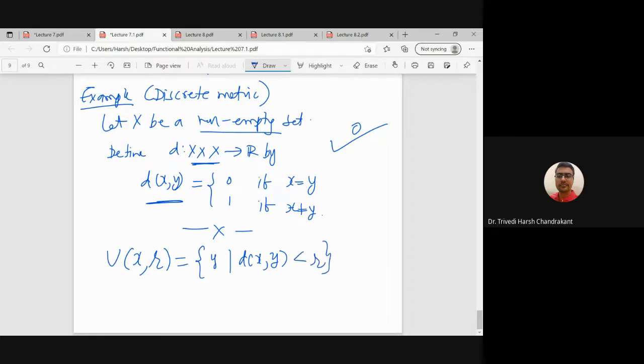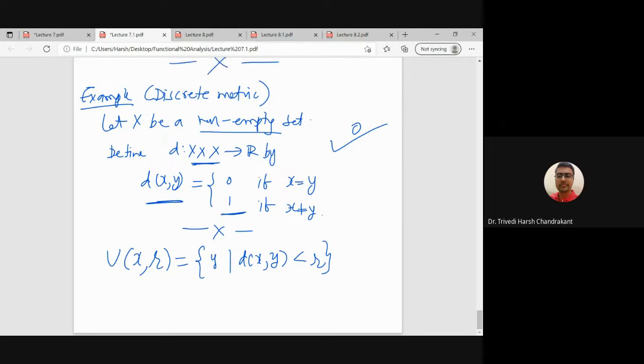So we know that the distance is either 0 or 1. So suppose we take r less than 1, r is anyway positive. If we take r less than 1, then what will be U(x, r)?